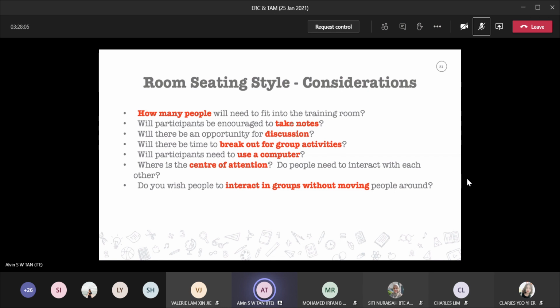If not, how are you going to arrange the permanent furniture, the fixtures, so that it's conducive for discussion? Do you need breakout activities? Do they need a computer? Where is the center of attention? Do you want them to focus on you, or on the screen? Do you want them to focus on each other? Do you want them to interact without moving? All these you need to think about, and they will affect your seating styles.